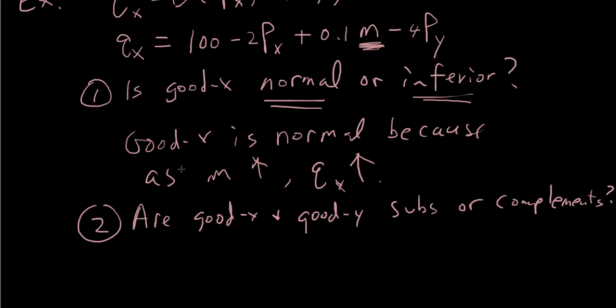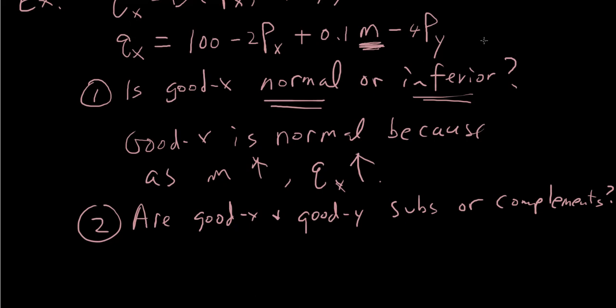So what is the relationship? If the price of Pepsi goes up, then the demand for Coke goes down? No, that doesn't make sense. So this time, if the price of lime goes up, then the demand for Corona Extra goes down. That makes sense, right?